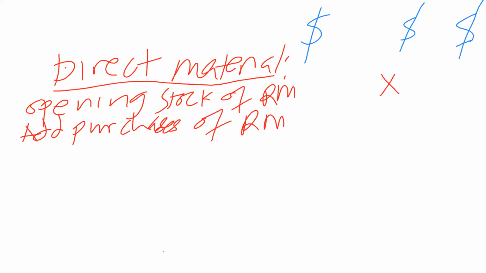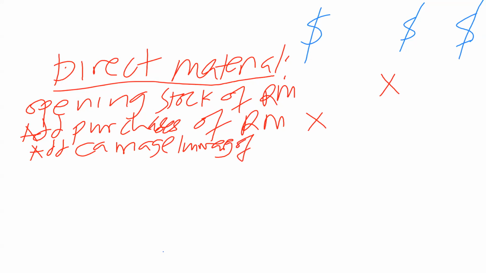Let me put them in this first column here. Then to these raw materials, you can even add the carriage inward. These are direct costs. Carriage inward of what? Of raw materials, okay?